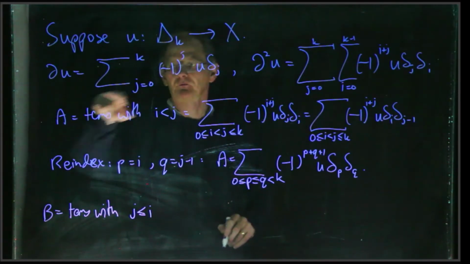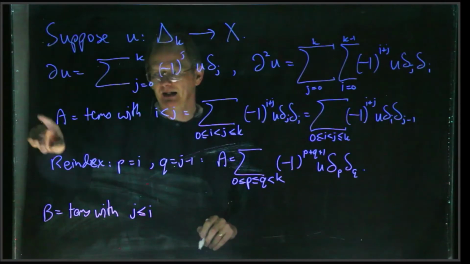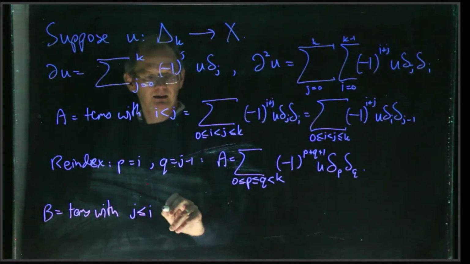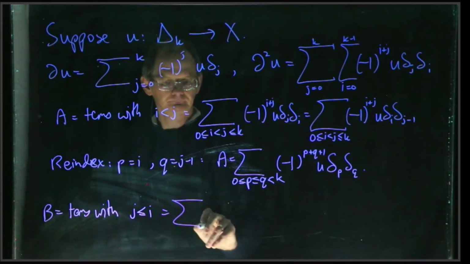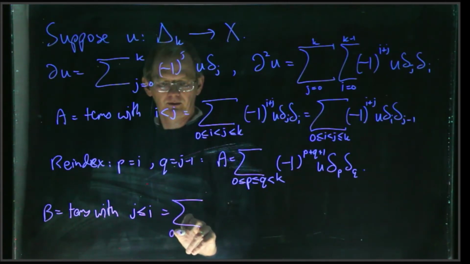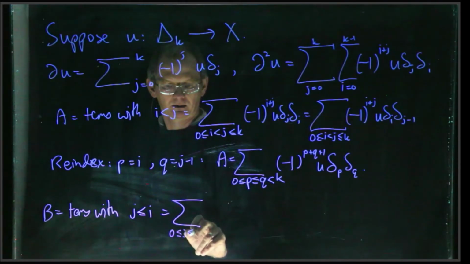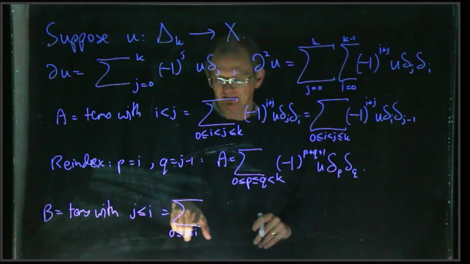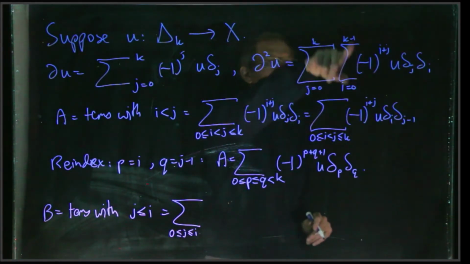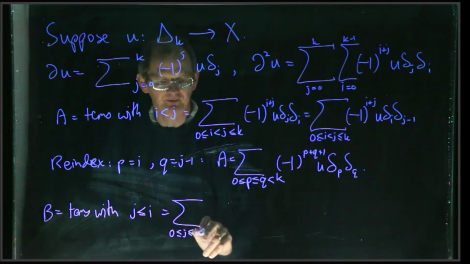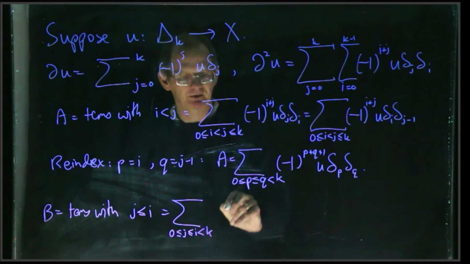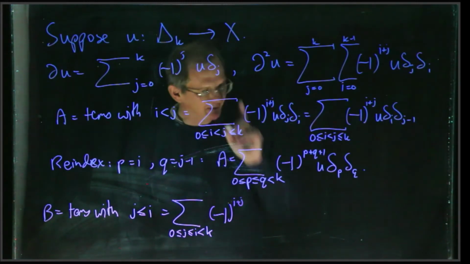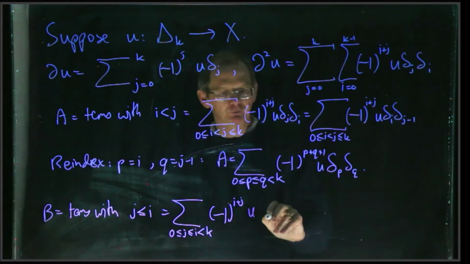So the first lot where j is bigger than i is A. The terms where j is less than or equal to i is B. So this is the sum where j is less than or equal to i, and remember, i is just going up to k minus 1, so i is strictly less than k. And then you've got minus 1 to the power i plus j, and then you've got u delta j delta i.